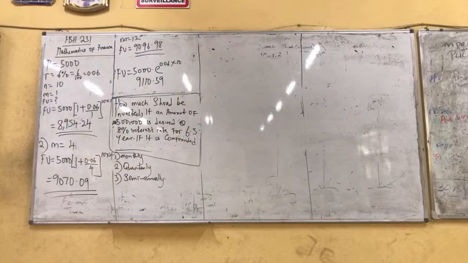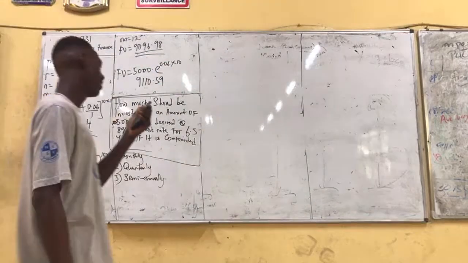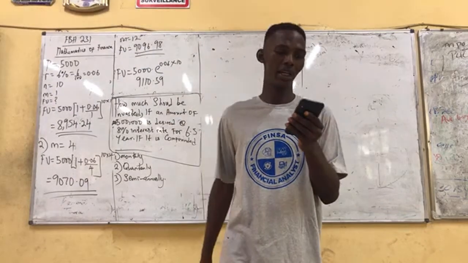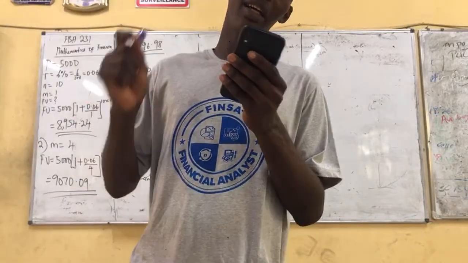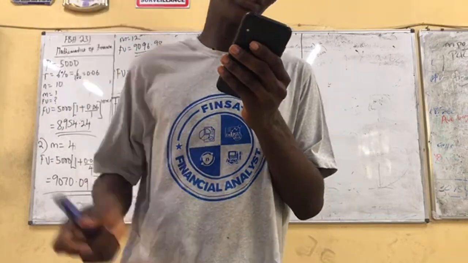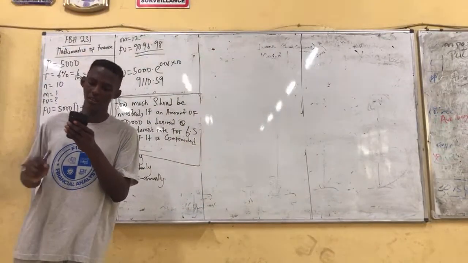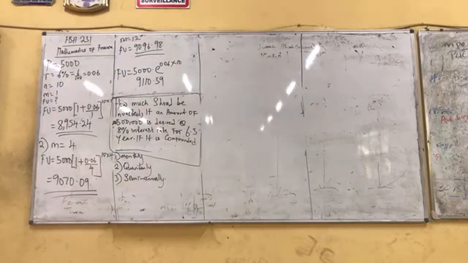A deposit of $1,000 is made at the beginning of each month in an account that pays 6% interest, compounded monthly.